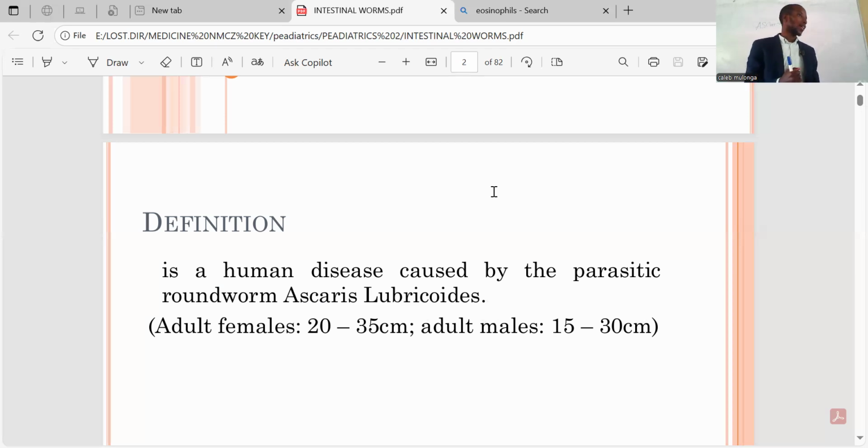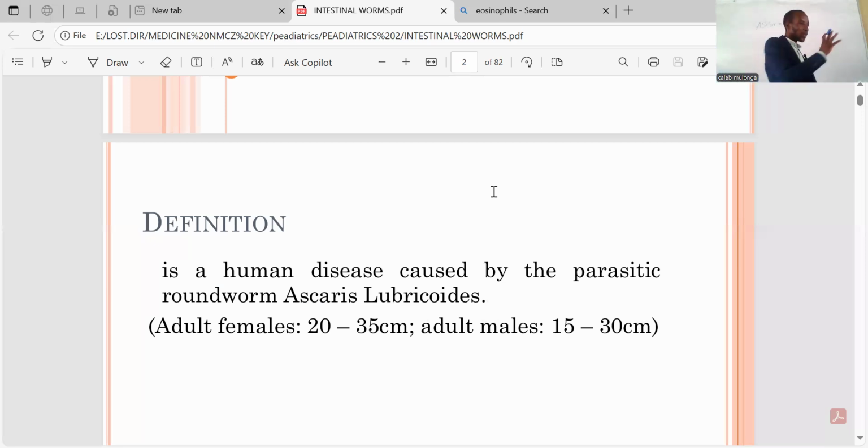So what is Ascariasis? We can define Ascariasis as a human disease which affects the gastrointestinal tract, caused by a parasitic roundworm called Ascaris lumbricoides.